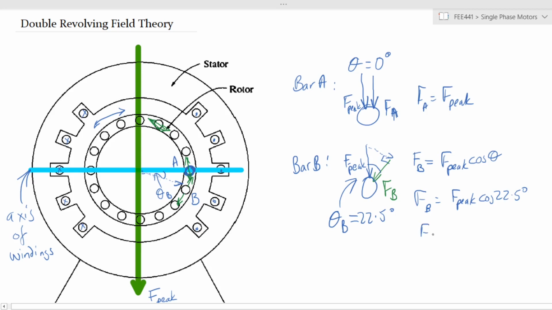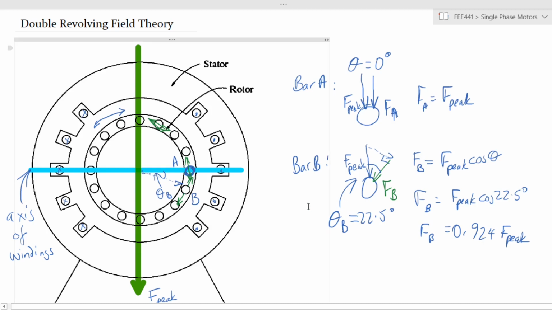The cosine is 0.924, so FB equals 0.924 times F peak. So the force that is acting on bar B in the direction in which it is free to move is 0.924 times F peak.